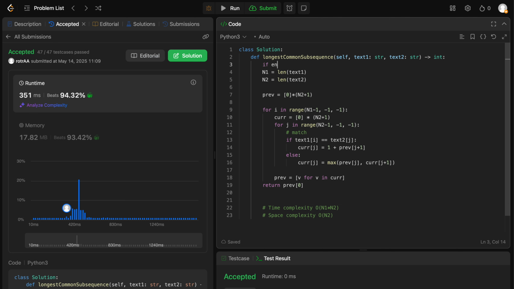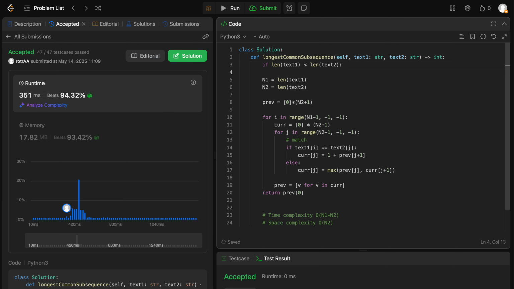So if length of text 1 is less than length of text 2, text 1 text 2 is equal text 2 text 1.